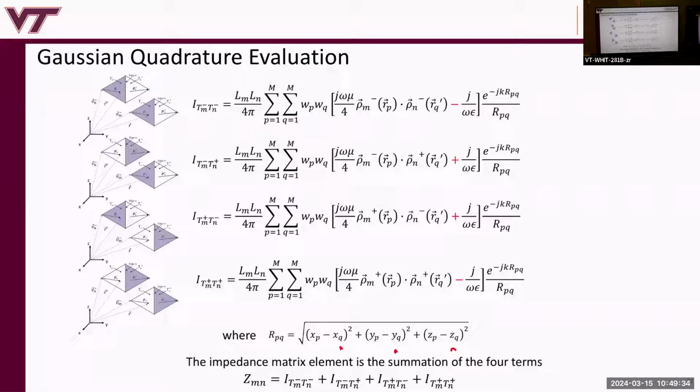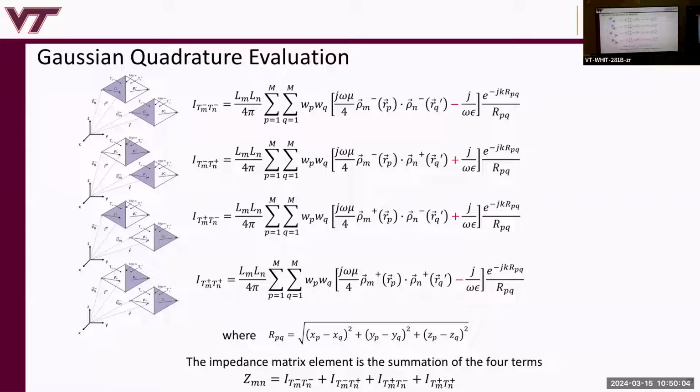You do the same thing for the observation, which is the pth observation point, and you get XP, YP, ZP. Then you find the distance between those two. That is your R, the distance between the source and observation. That matters in the Green's function, e to the minus jk RPQ over RPQ. And we sum over all of these in order to calculate the integrations that are involved in the impedance matrix.